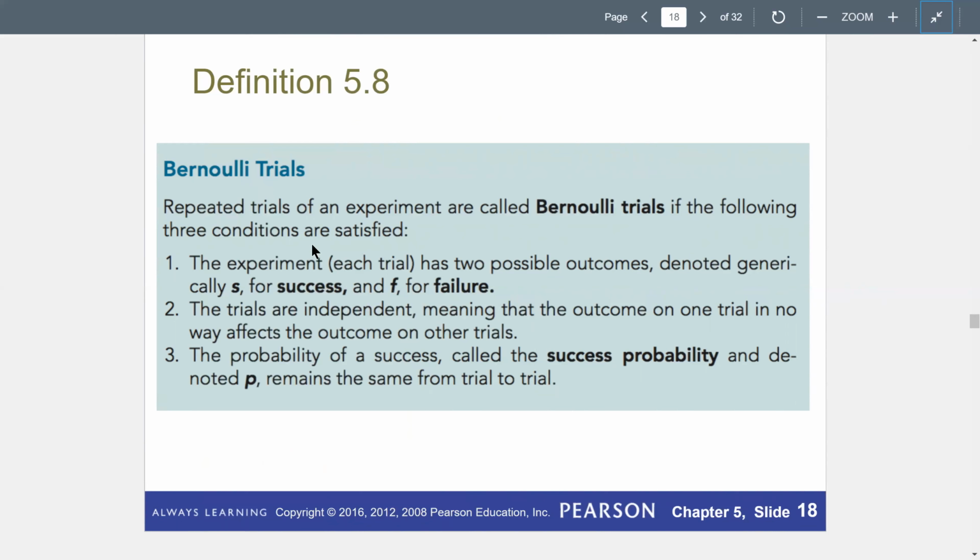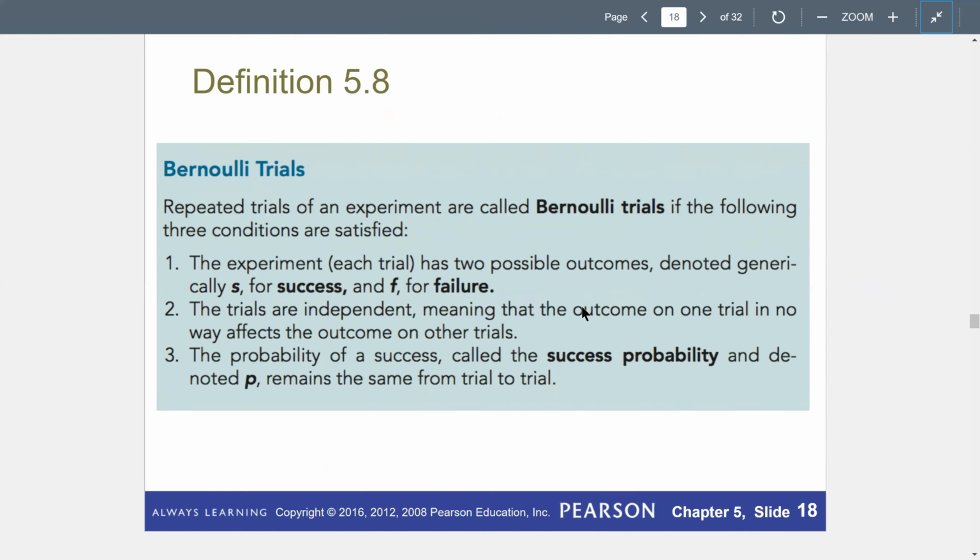One Bernoulli trial is like tossing a coin one time, and then you have two outcomes, S for success and F for failure. So you denote head as success and tail as failure, and it becomes a coin tossing experiment.